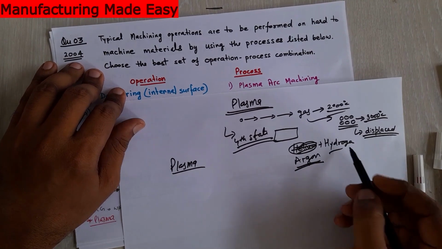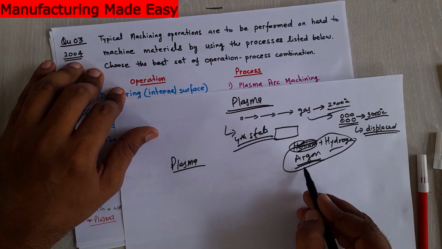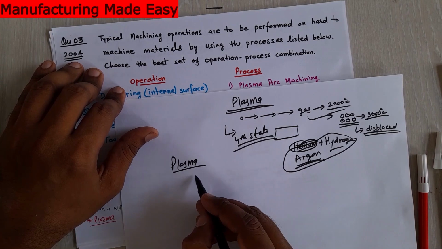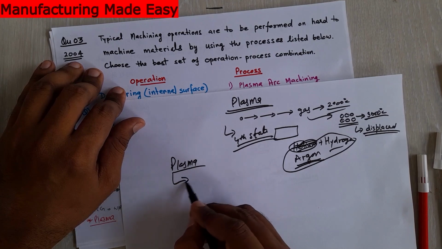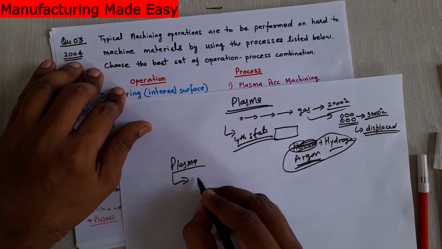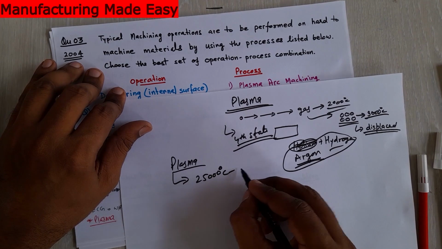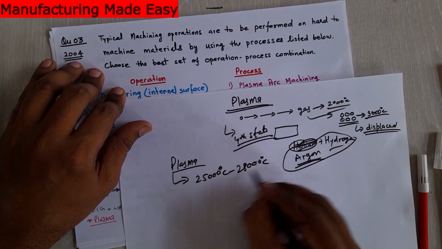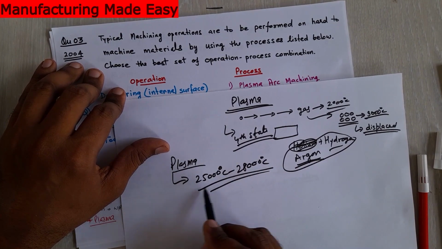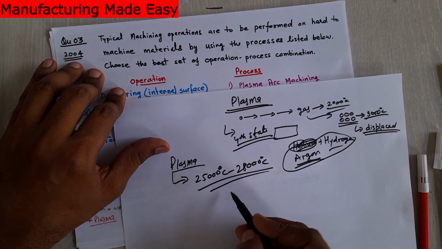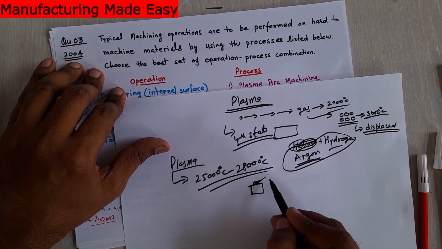When this high velocity gas at a high temperature, around 25,000 to 28,000 degrees centigrade, strikes the material, it causes melting of that material.